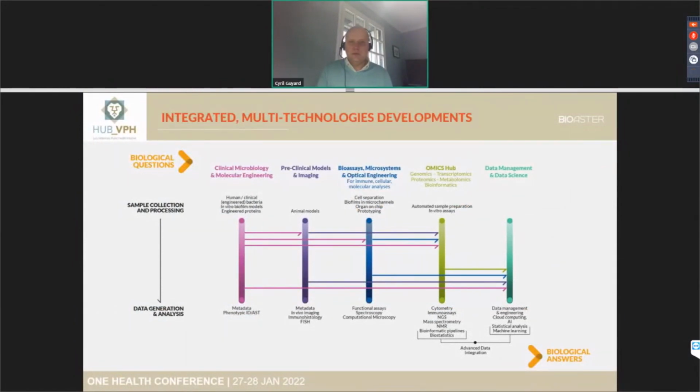So this is just another view of all the technologies and teams we have gathered at Bioaster. We're basically pushing mostly on the integration of those technologies and teams, which are, in order from left to right: clinical microbiology and molecular engineering, development of preclinical models, and imaging strategy for those models.